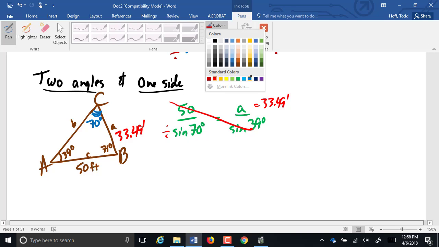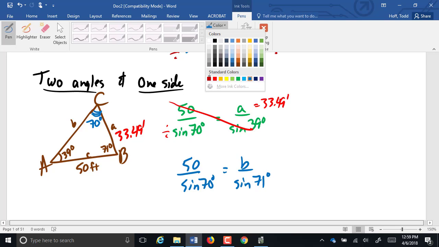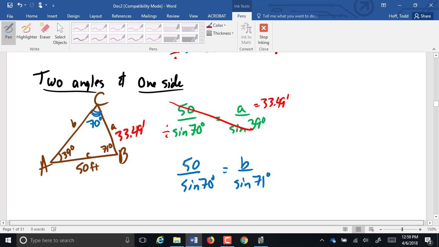Now we're going to do the same thing to find B. 50 over the sine of 70 equals B over the sine of 71. What do we expect B to do here? What value do we expect it to have? Bigger or smaller than 50? Bigger, but just barely, right?